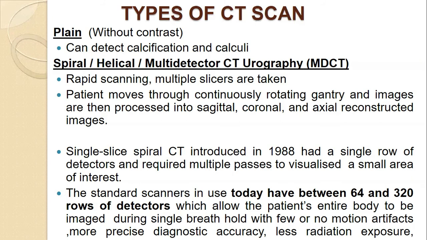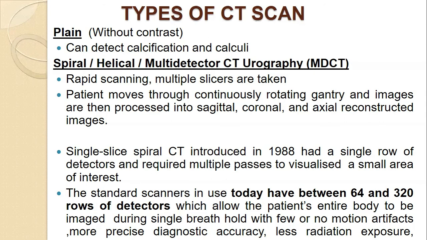The next one is multi-detector CT, spiral or helical. These are rapid scanners, which can scan the whole body within a breath hold. The old spiral CT introduced in 1988 had a single row of detectors and required multiple passes to visualize a small area of interest.